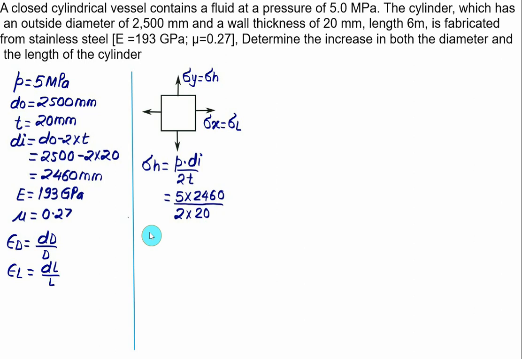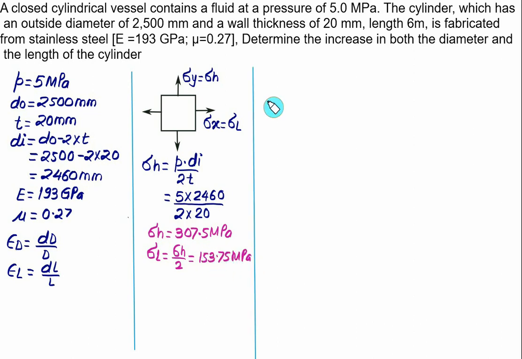So we get the value of the hoop stress approximately equal to 307.5, that will be megapascal, and the longitudinal stress is exactly half, that is sigma h divided by 2. 307.5 divided by 2 is 153.75. Again this value will be in megapascal.